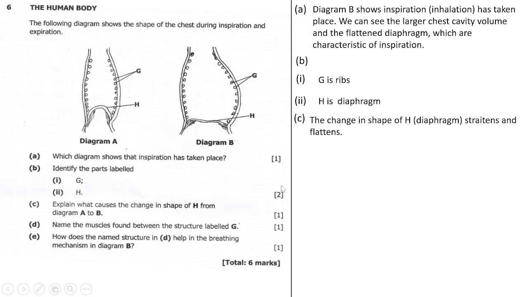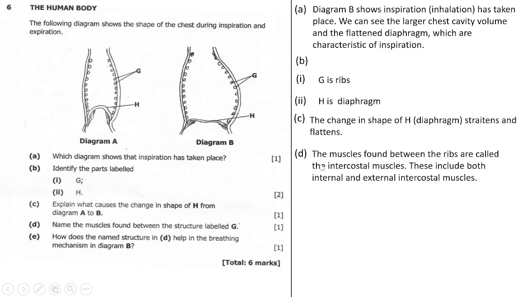Then we come to D, which says name the muscles found between the structure labeled G. There are muscles found between these ribs. The muscles found between the ribs are called the intercostal muscles. These include both internal and external intercostal muscles. Then E asks, how does the named structure in D help in the breathing mechanism in diagram B?